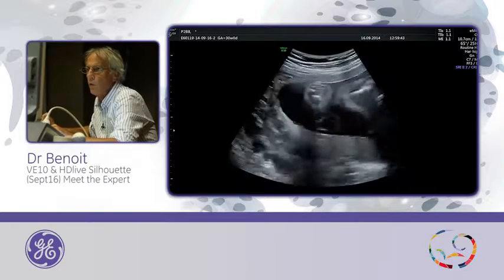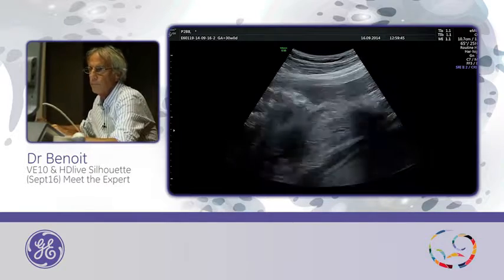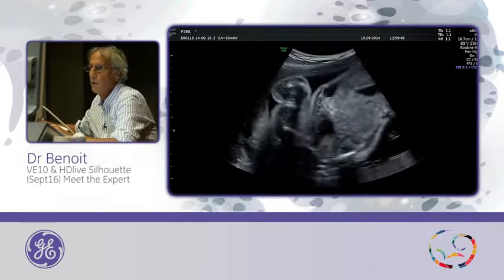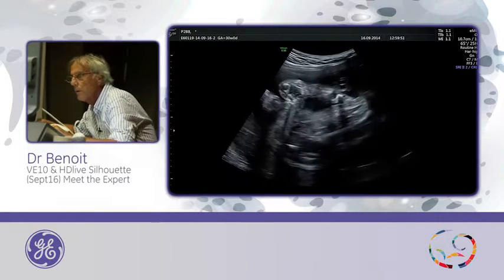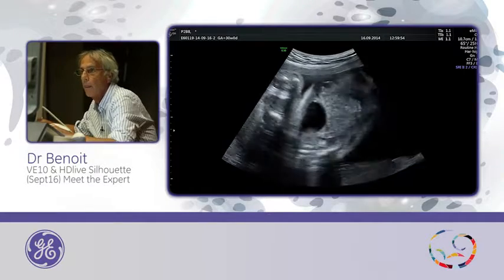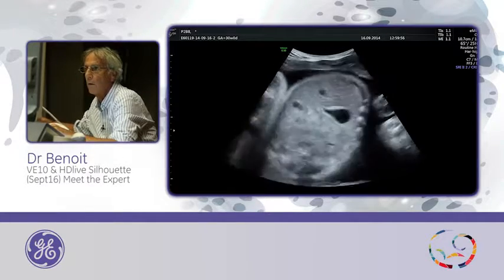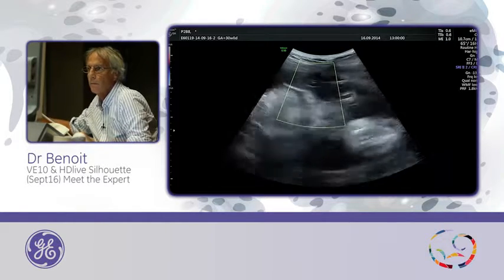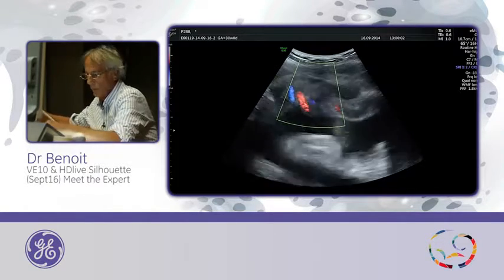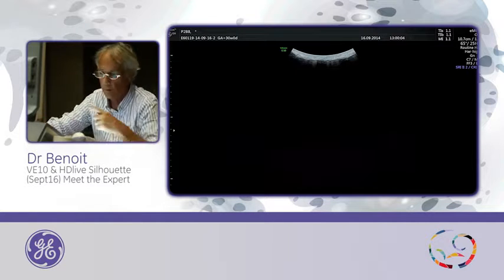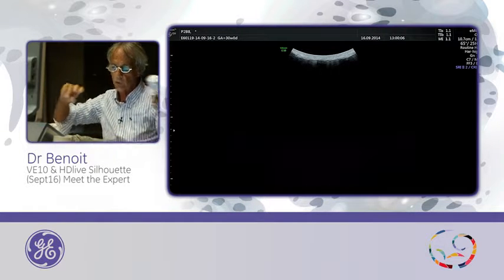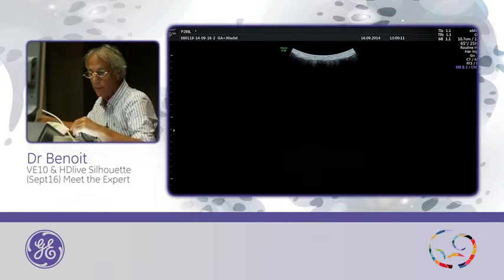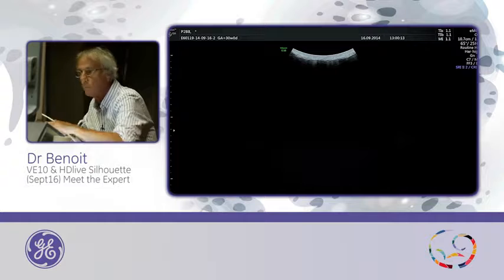So now I will move to color Doppler. And for this, I will do it on the umbilical cord. And if the baby is not moving, so this was done with electronic probe. Now I will show you quality with a classic RM6C probe.